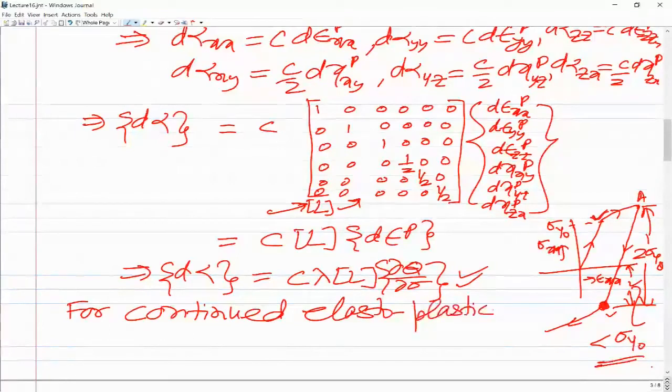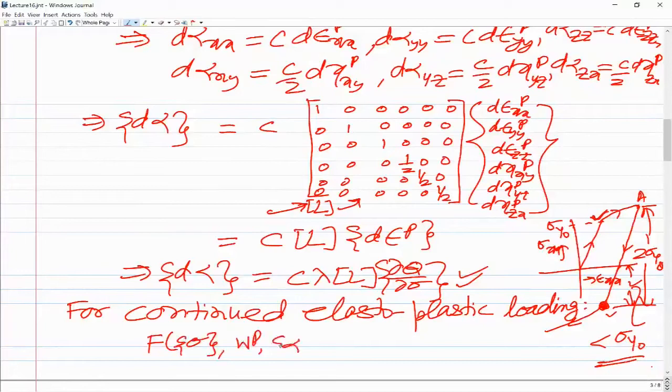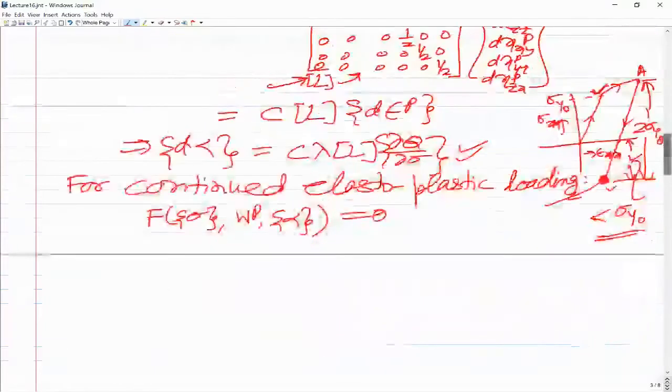So for continued elastoplastic loading, we have two things. One is F equal to 0, where F involves sigma, Wp and alpha, and the other condition is that dF is equal to 0.